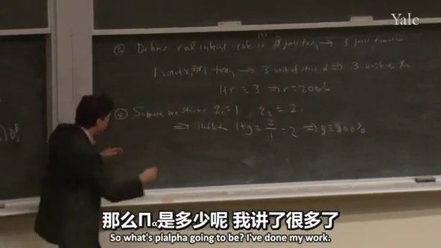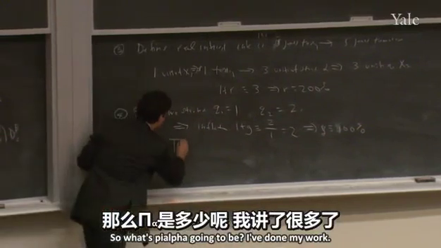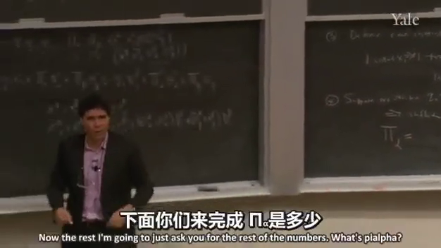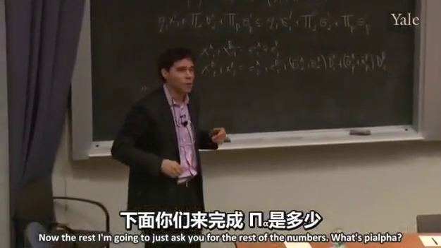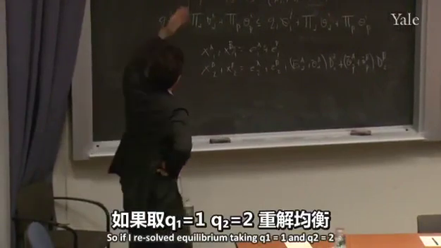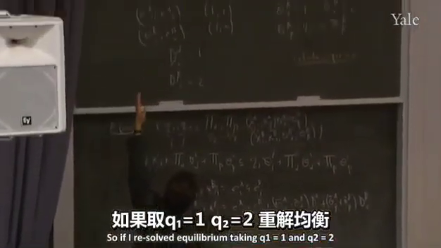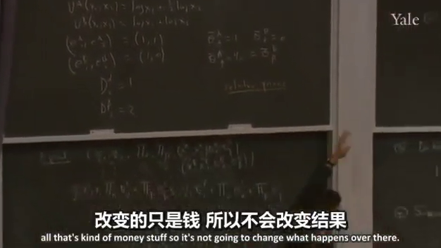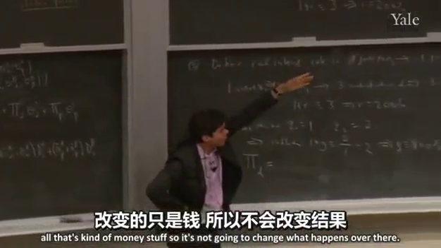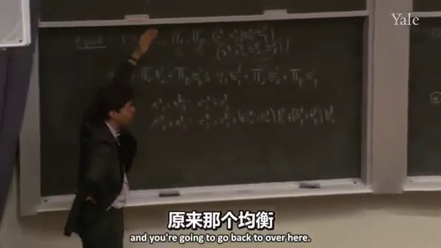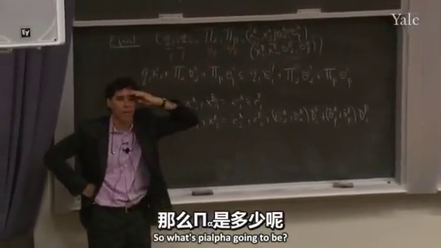Okay, so what's pi alpha going to be? I've done my work. Now I'm going to just ask you for the rest of the numbers. What's pi alpha? So if I resolved equilibrium, taking Q1 equal to 1 and Q2 equal to 2, all that's kind of money stuff. So it's not going to change what happens over there. You're going to get the same equilibrium over there, and you're going to go back to over here. So what's pi alpha going to be?